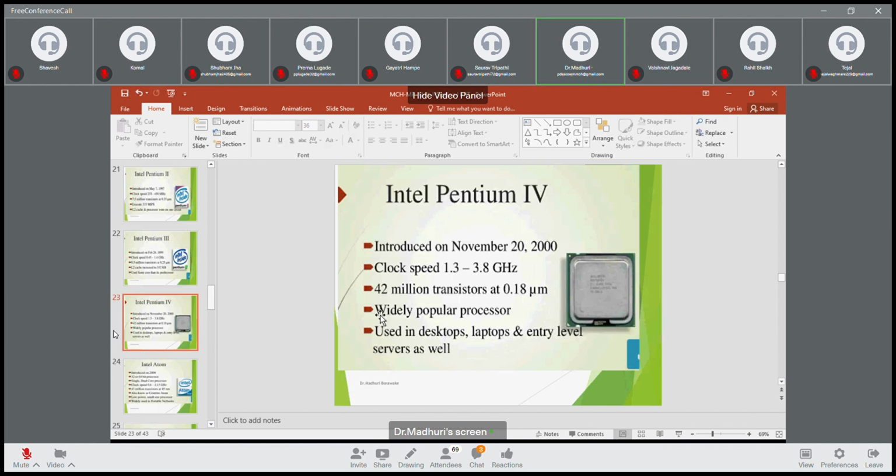They used this Pentium 4 for desktops, laptops and servers also. Pentium 4 is widely popular because it has very good speed and good memory, and that's why everybody had a Pentium 4.